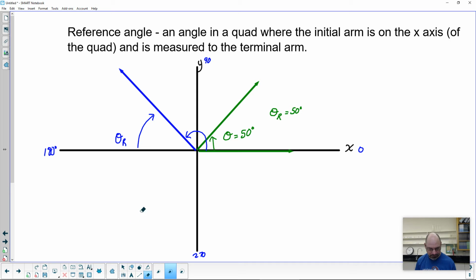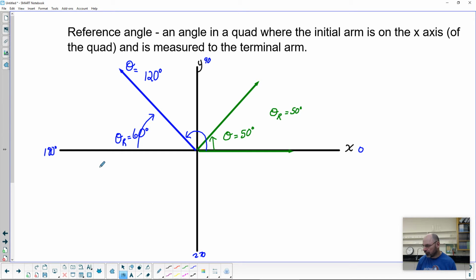So let's say this was 120 degrees, and that's theta. That's about 30 degrees past 90. If this is 120 and we subtract 120 from 180, we've got 60 degrees. So our reference angle would just be 60 degrees.